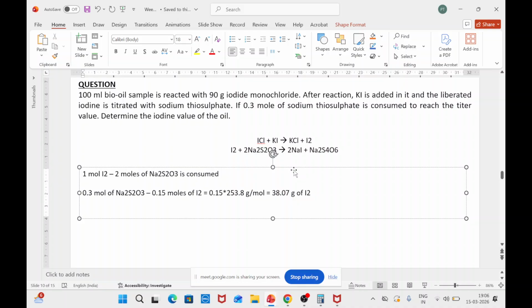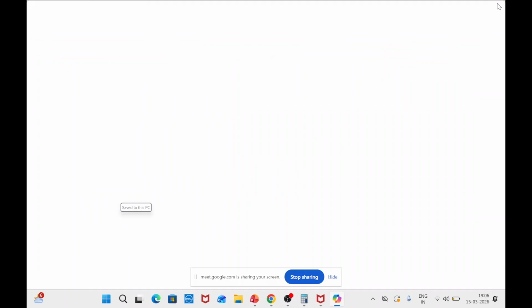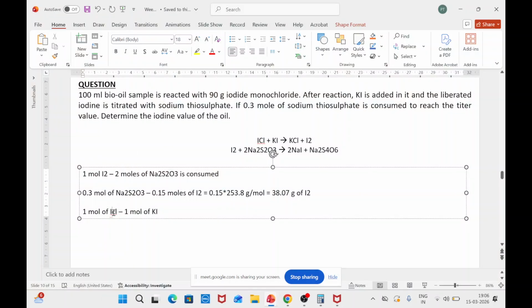Now it is written that 100 ml of bio oil is reacted with 90 grams of iodine monochloride. So how much I2 will be produced within the reaction? We can see from here that for 1 mole of ICl, 1 mole of KI is consumed. 90 grams of ICl is going to be reacted.